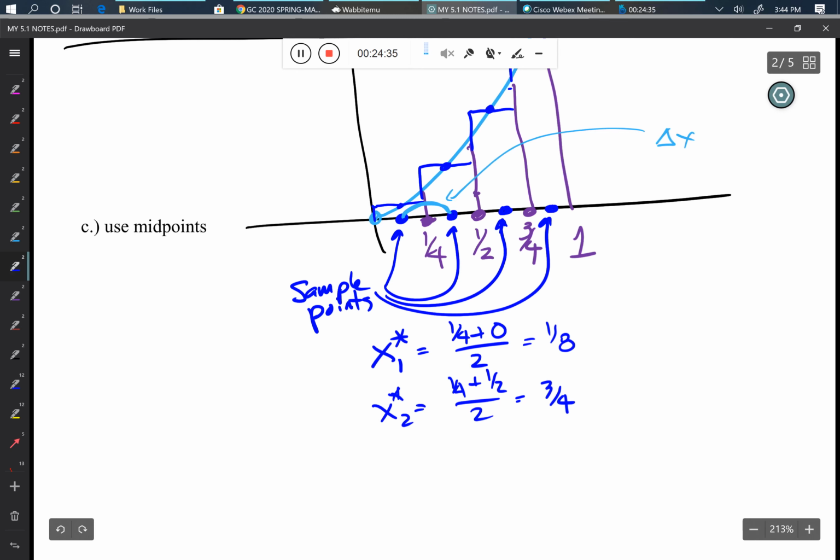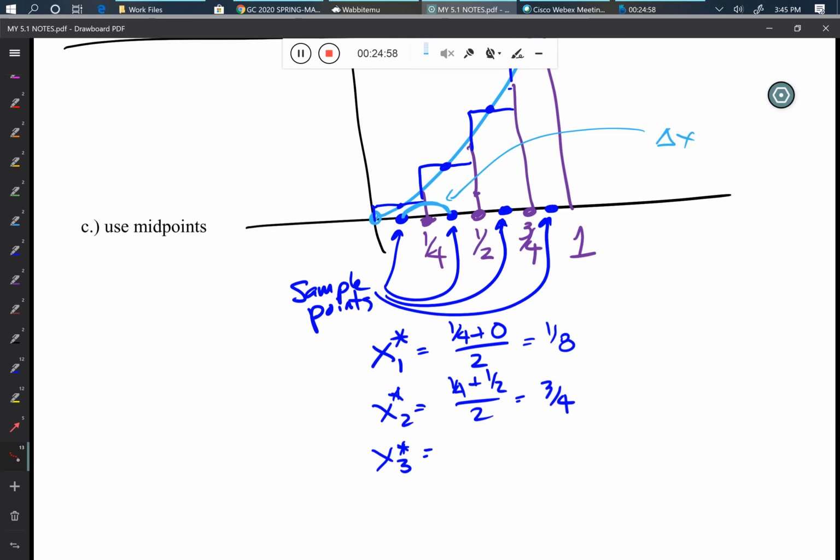So when I come down here to find x sub 3 star, the sample point for the third interval, I could add endpoints, or I could just take the sample point from the previous one and add a width to it. And the way I add a width to it is I take 3/8 plus, what was the width again? 1/4.